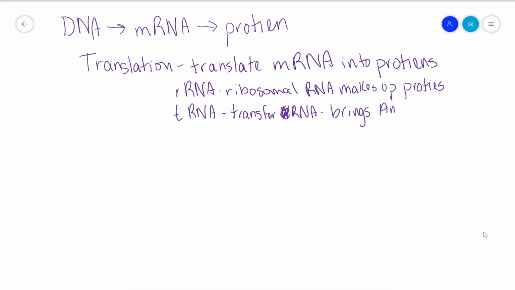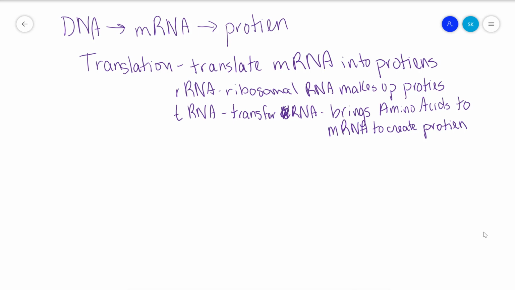It brings amino acids to mRNA to create a protein. All right, so we're going to have 3 types of RNA in this situation. We got our mRNA that we made. We got our rRNA, which is going to be basically a ribosome. And then we have our tRNA, which is going to bring our amino acids to the party.